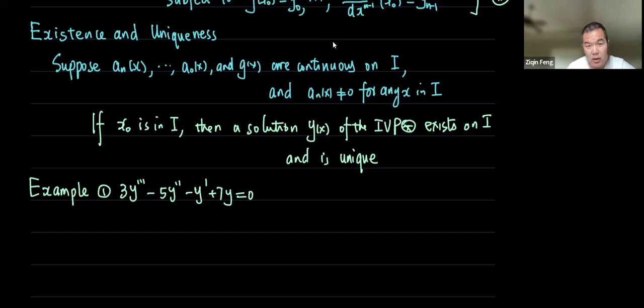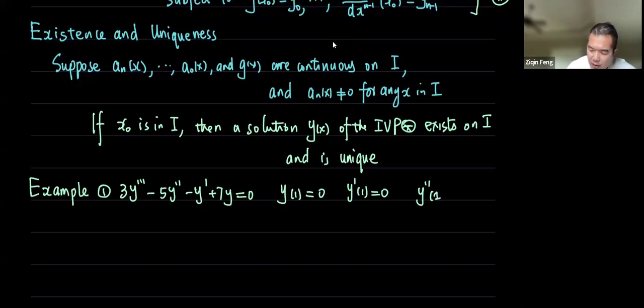But one thing you should notice is that you have a trivial solution, which is y equal to 0. When y equals 0, then y prime, y double prime, y triple prime are all 0, so this is satisfied. We are also given initial conditions: y of 1 equal to 0, y prime of 1 equal to 0, and y triple prime of 1 equal to 0.